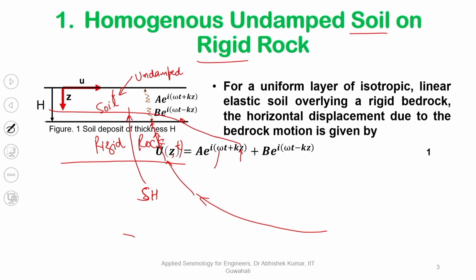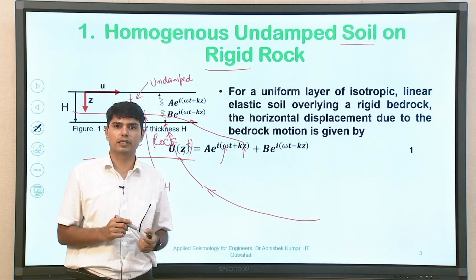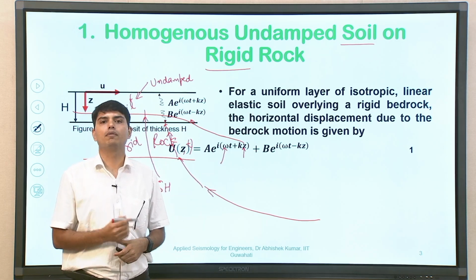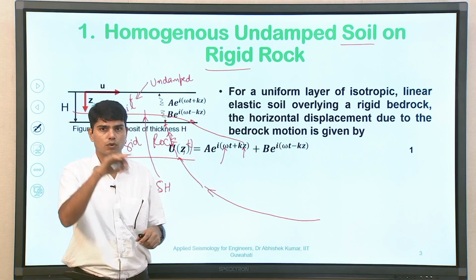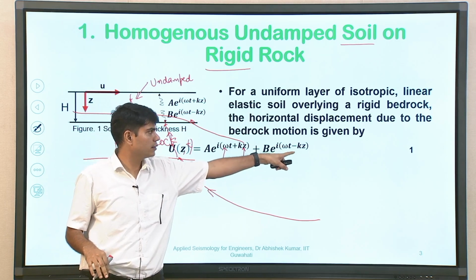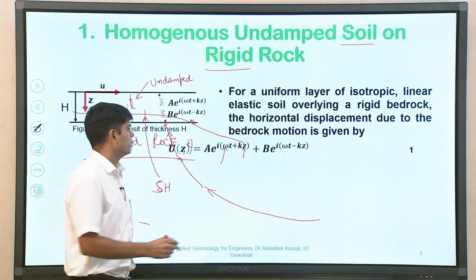Omega is the operating frequency of the external loading condition. If you take any harmonic motion, the operating frequency of that motion is in radians per second. So, you can define omega generally as the circular frequency, and so all these terms are there.